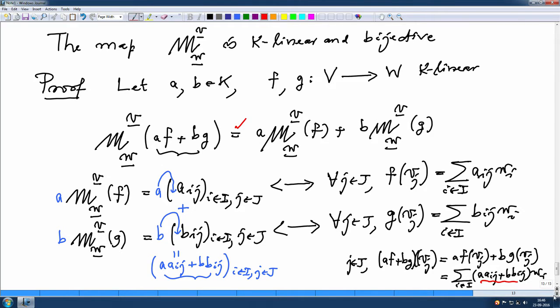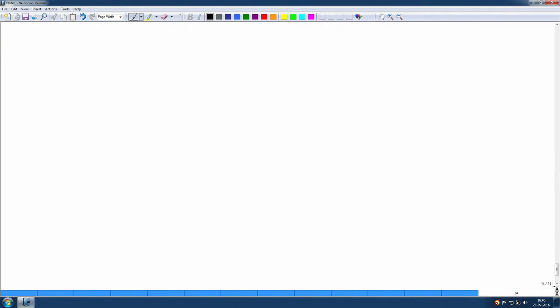Now let us prove it is bijective. So bijective means it is injective and surjective. Remember, whenever we want to prove that a map F from X to Y, where X is a set and Y is a set, is bijective, you check it is injective and surjective.